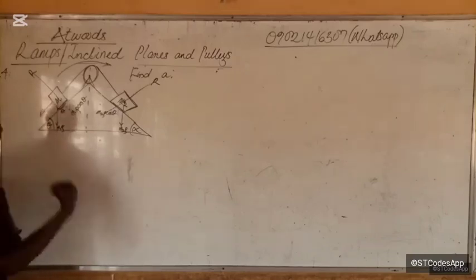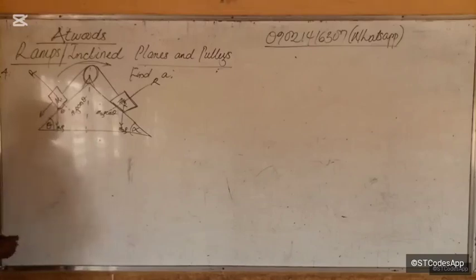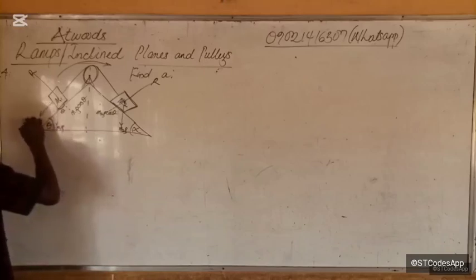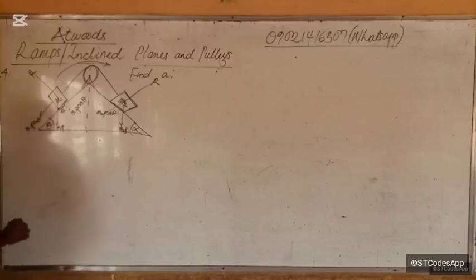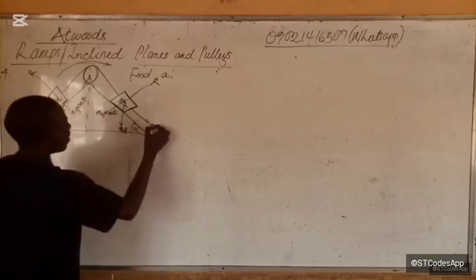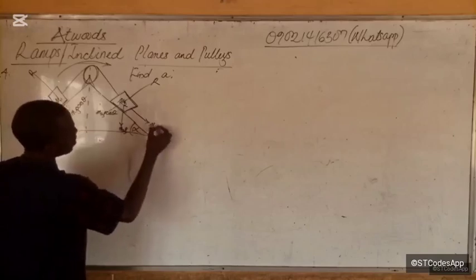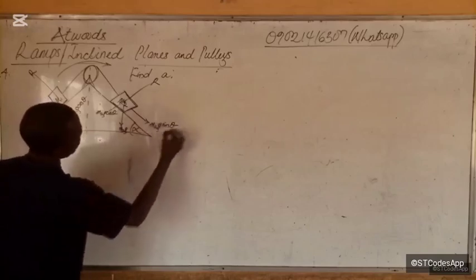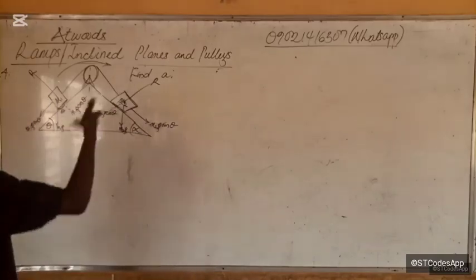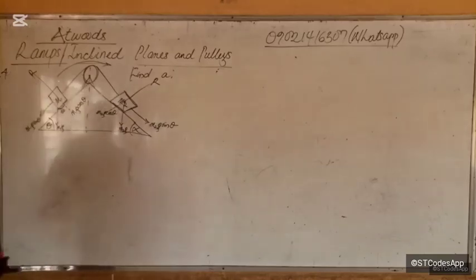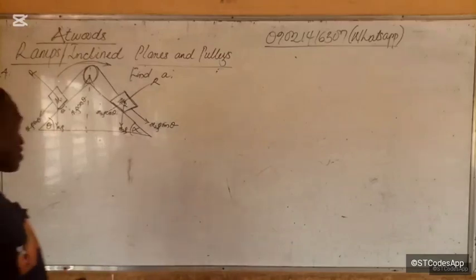That will be frictional force if this surface was rough. And even when it's smooth, the weight can be resolved in this direction also. Do you understand? So we have m1g sine theta, and here also we have m2g sine theta. And I've told you that before. Down the inclined plane is sine theta. Then on this side, we have cos theta. I think this is what we have here, and that is all we wanted.